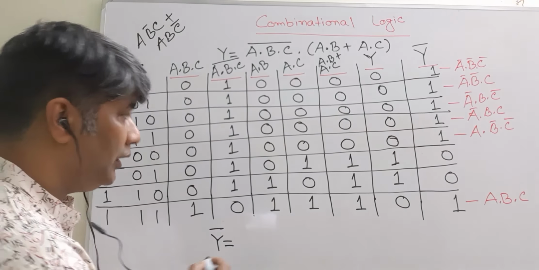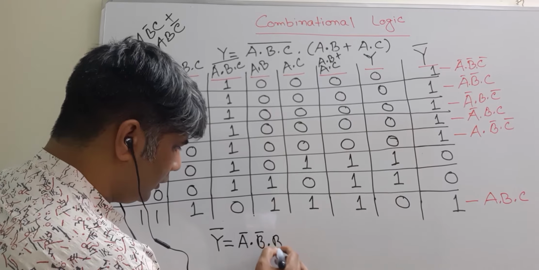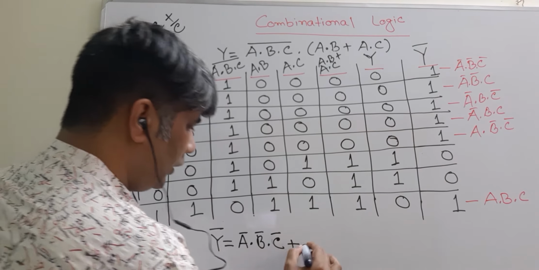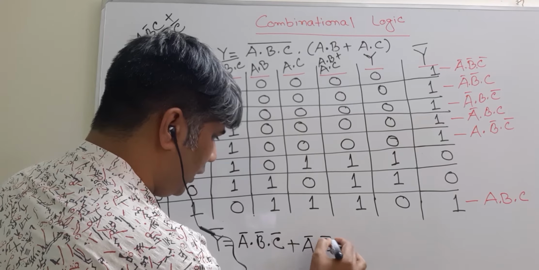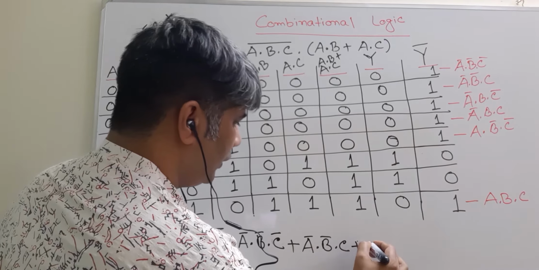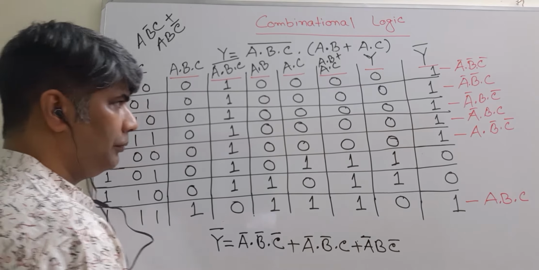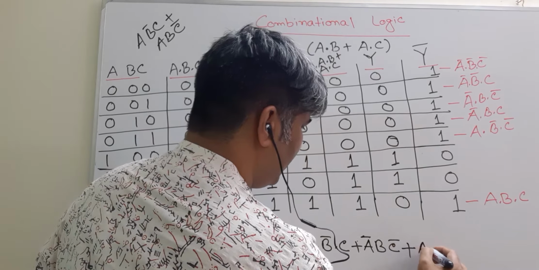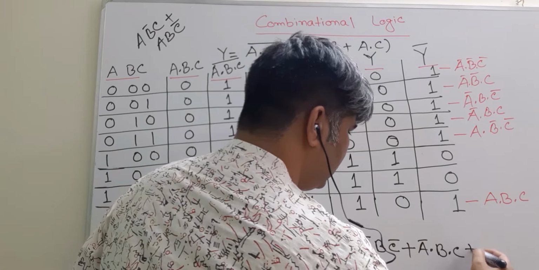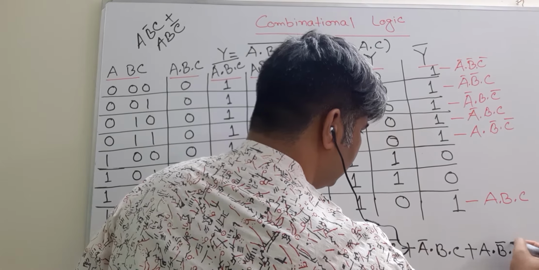y prime would be a prime b prime c prime, plus a prime b prime c, plus a prime b c prime, plus a prime b c, plus a b prime c prime.